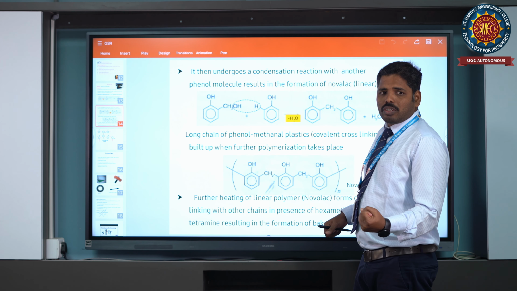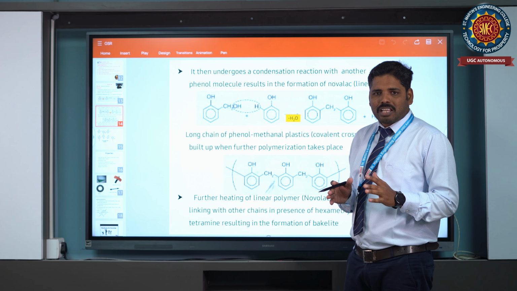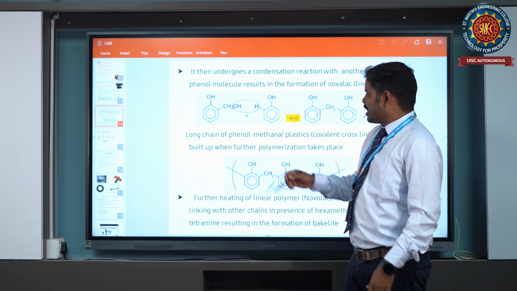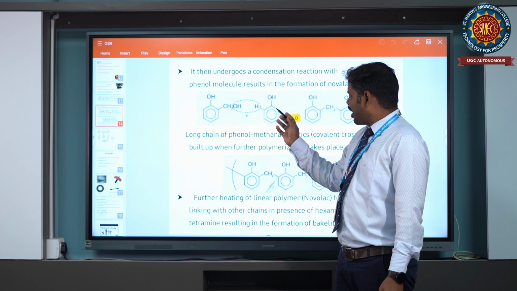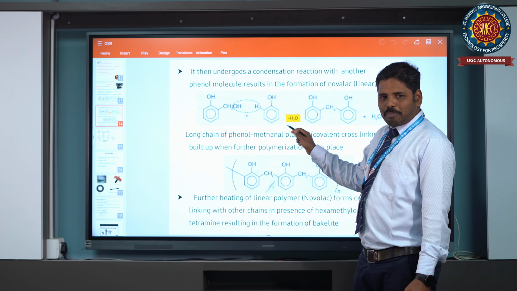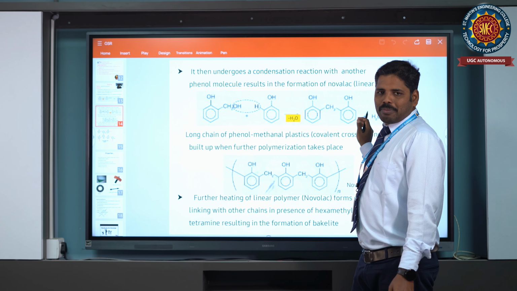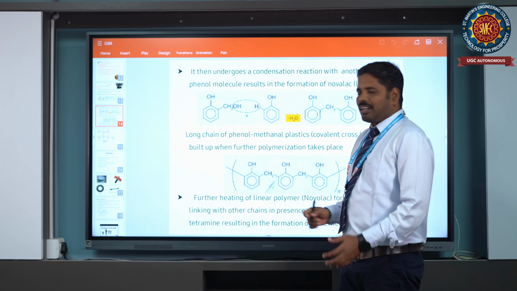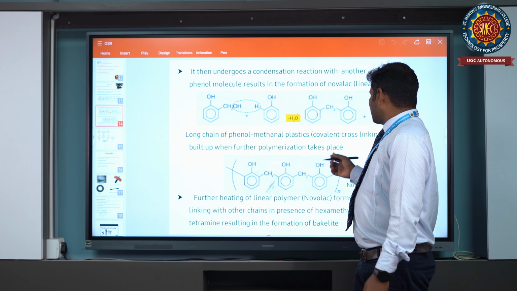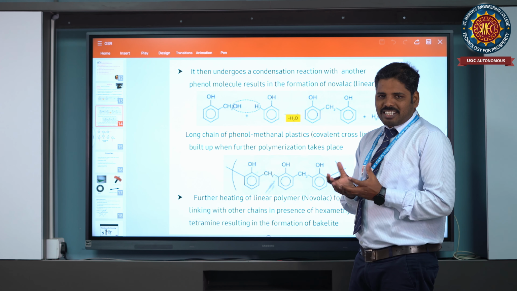If they undergo a condensation reaction, it means elimination of a water molecule. In the same way, the second position methylol reacts with phenol, with elimination of water molecules. This gives novolac, a linear polymer structure. Second, long chain phenol methylol plastics form covalent cross-linked polymers that build up three-dimensional structures.